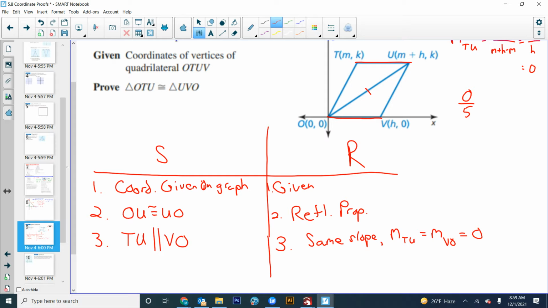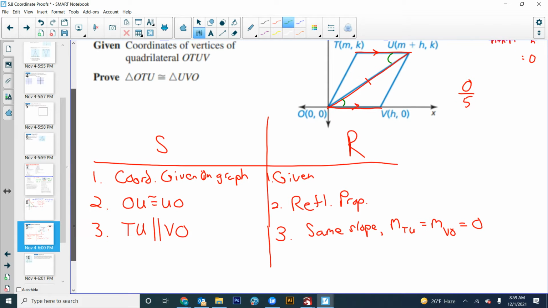Ooh, I like it. Now we've got parallel segments, which gives us this transversal, which gives us these alternate interior angles. Everybody seeing those?